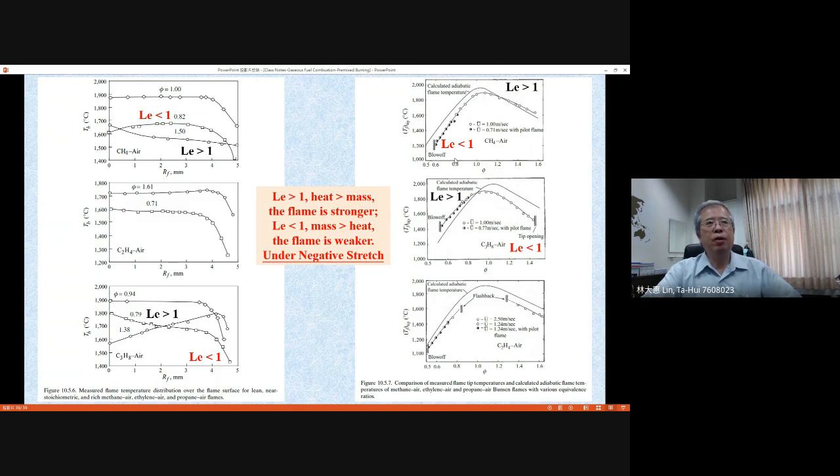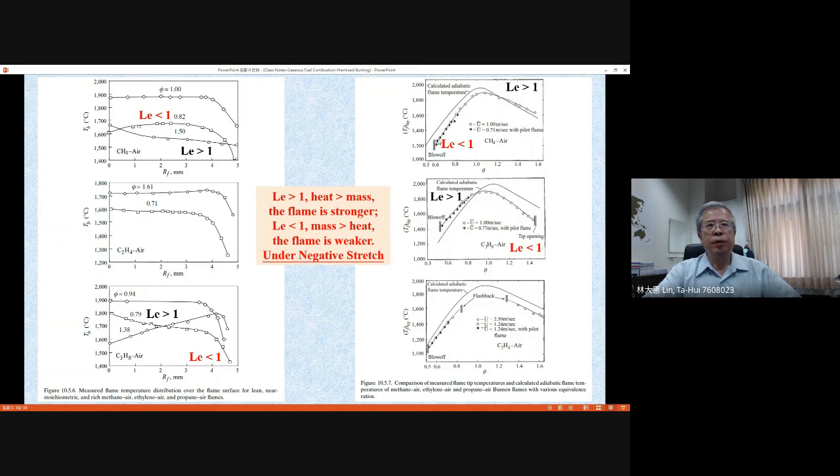Okay, here they tell you if the Lewis number is smaller than 1, which means the flame is under negative stretch, the heat diffusion, I'm sorry, the positive heat diffusion is more than the negative mass diffusion, then the flame will suffer from the flow stretch coupled with the Lewis number.